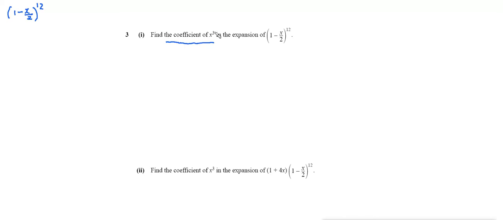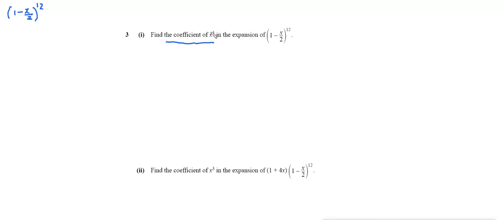And then after that, when we obtain the x3 term, we just use the coefficient of the x3 term as the answer. Okay. Now, one very important thing, you are looking for the x to the power of 3 term.